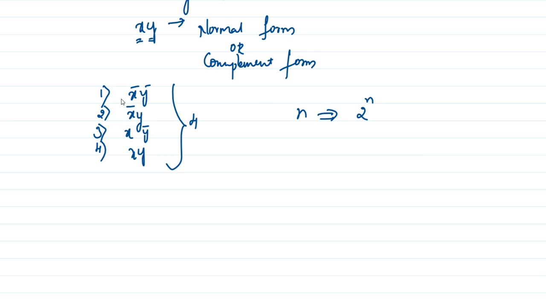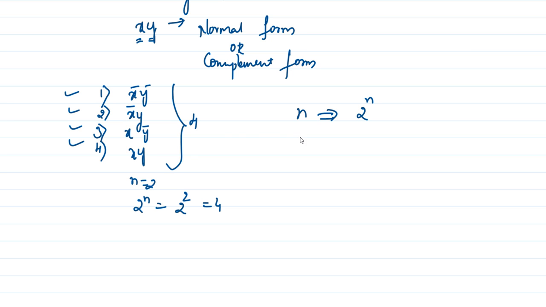Now you can see how many variables we have? Two variables, it means that n equals 2. How many possibilities can we have? That is 2 to the power n, which is 2 squared, that is 4. Now you check 1, 2, 3 and 4. Am I right?